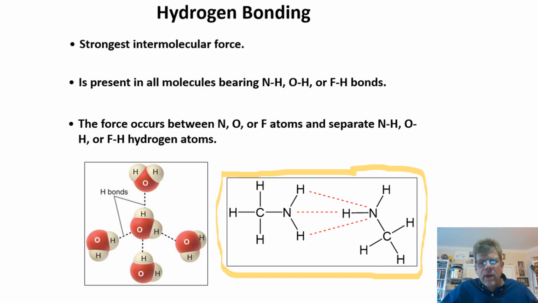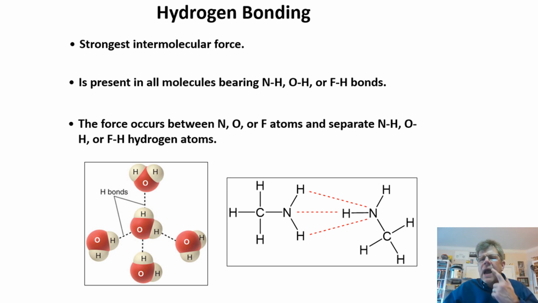Looking over on the right-hand side here, some examples of molecules where we have NH bonds. Notice we have a couple of molecules here. There's one here and another one of the same right there. Now, the dotted lines in red signify the very strong hydrogen bonds between them. Notice, from the nitrogen on one to the hydrogen connected to the nitrogen on another.